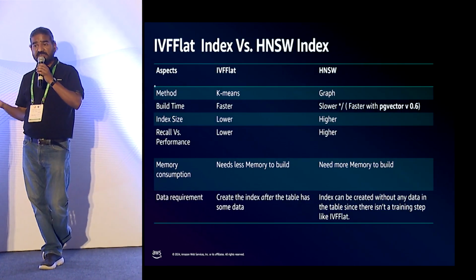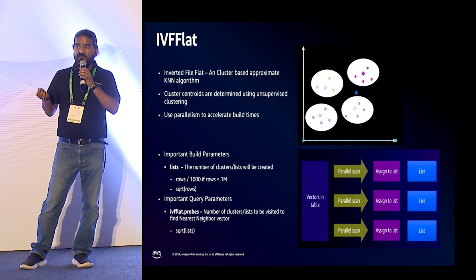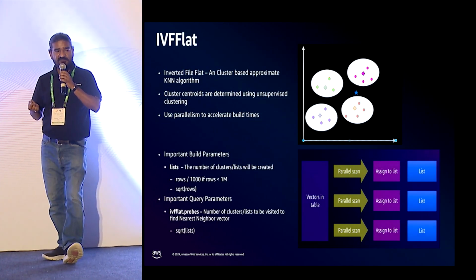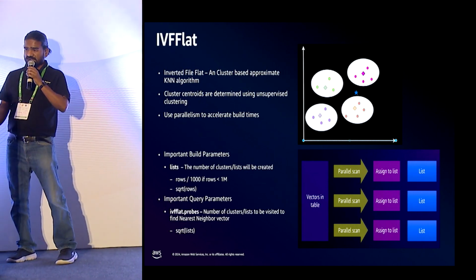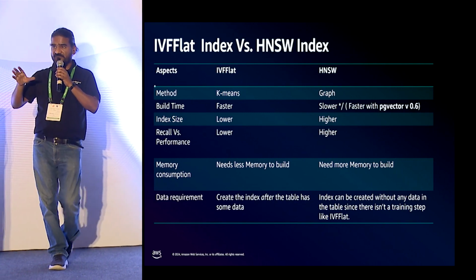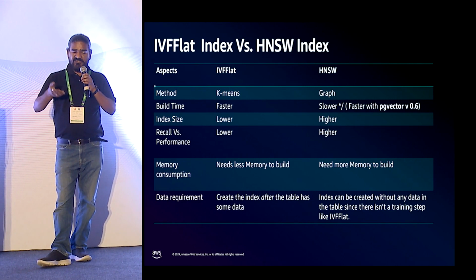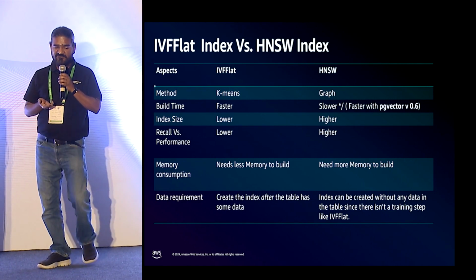PGVector also supports parallel build, which is faster for building the index. This is very important because the first time you're building it, it's going to take some time. There are some differences here; I'll talk about only two. Definitely the build time is faster in IVF flat.